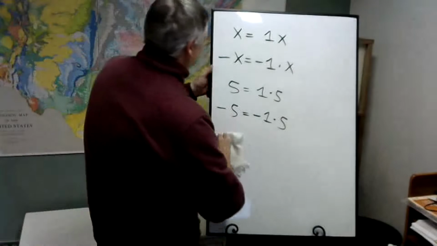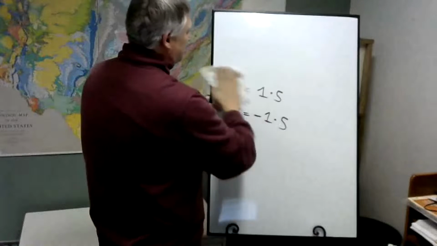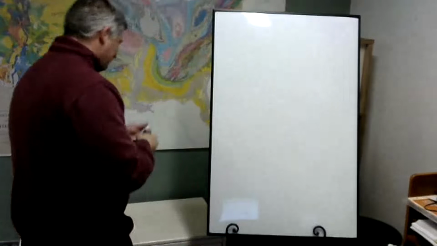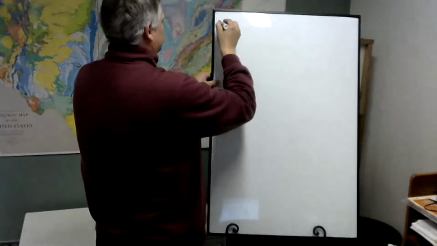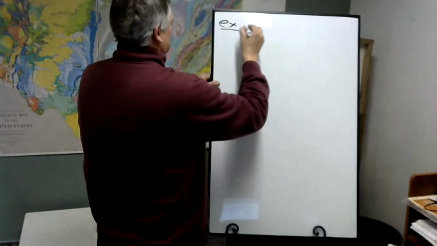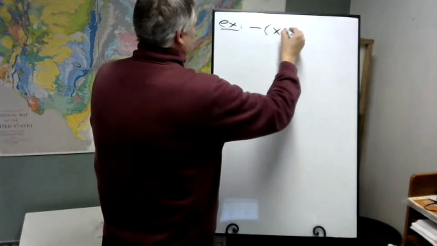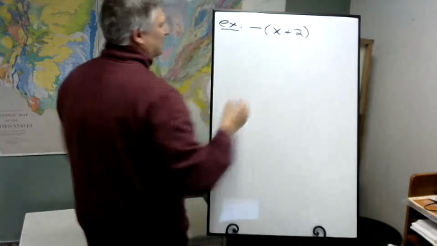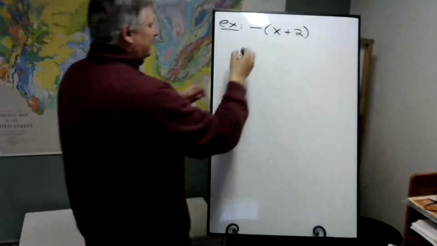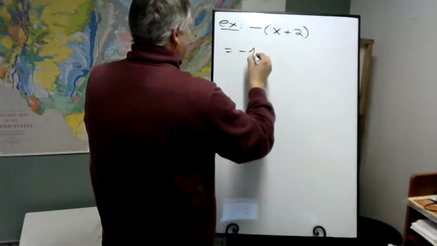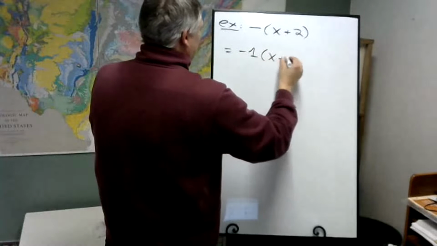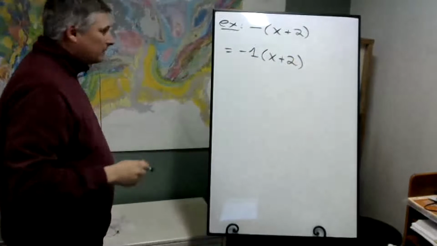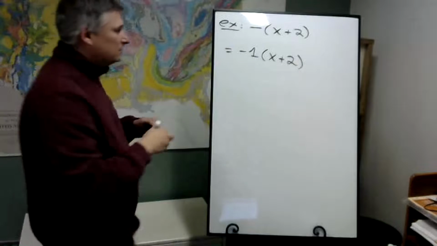So when we distribute, we can rewrite this minus as minus 1 times x plus 2. Distribute the minus 1.